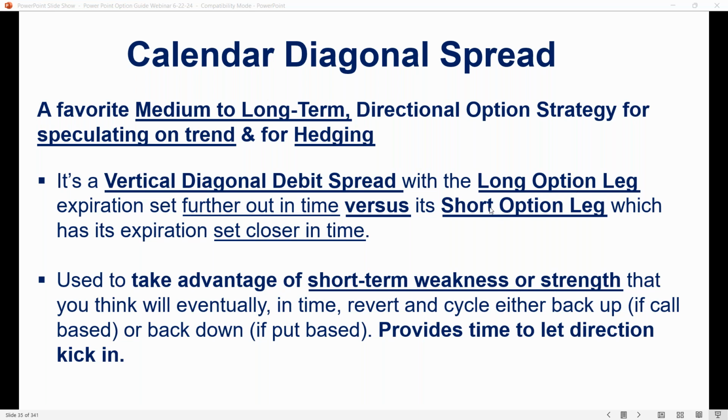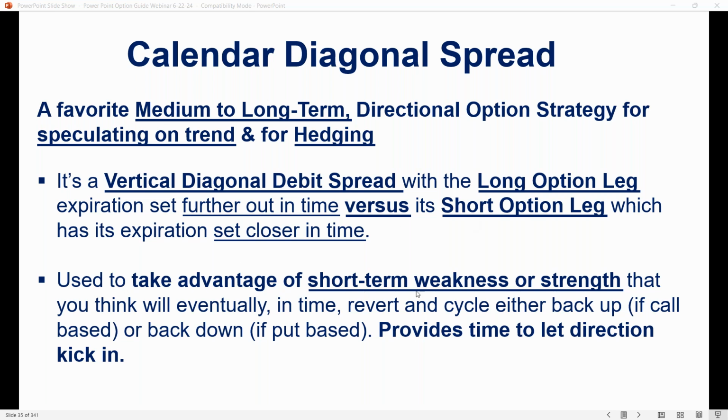But then we're going to be short closer in to take advantage of that accelerated theta decay. As we sell options closer in, we get a bigger premium a lot of times because theta accelerates as it gets closer to option expiration.